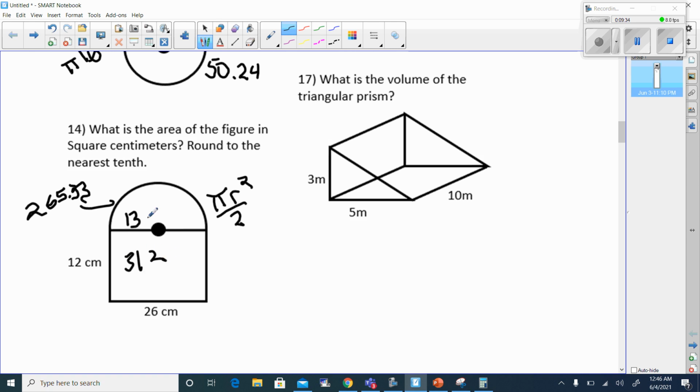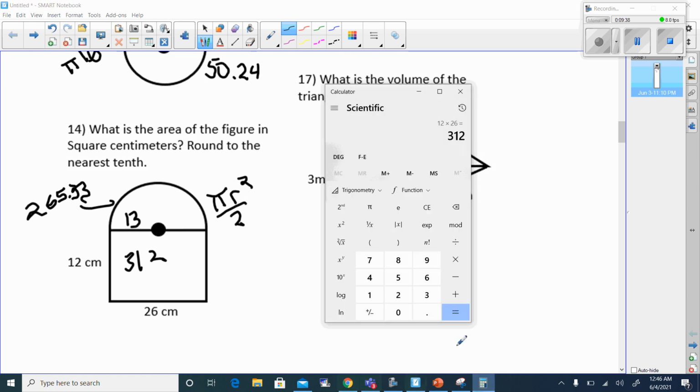Let's see. I'm going to double check this now. Pi r squared divided by 2. Since I messed up on the first one, I could mess up on this one. The radius is 13. So that's 13 squared times 3.14. And then I have to divide by 2, because it's half of it. And that is correct. So now I got to add these together. I'm going to add it to 312.